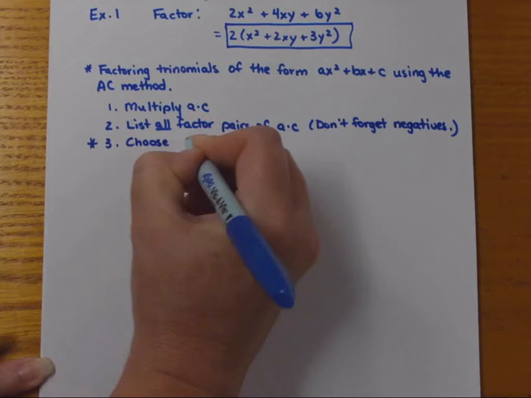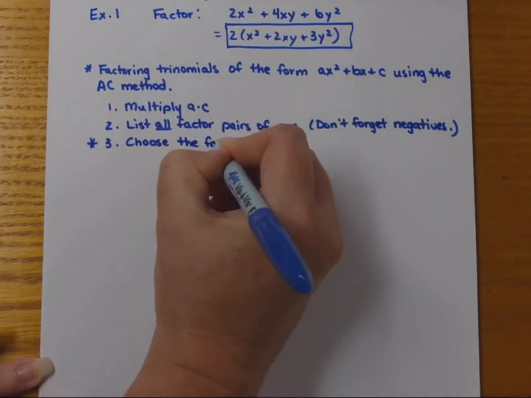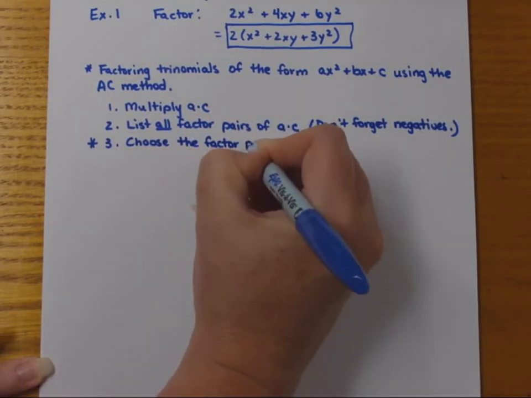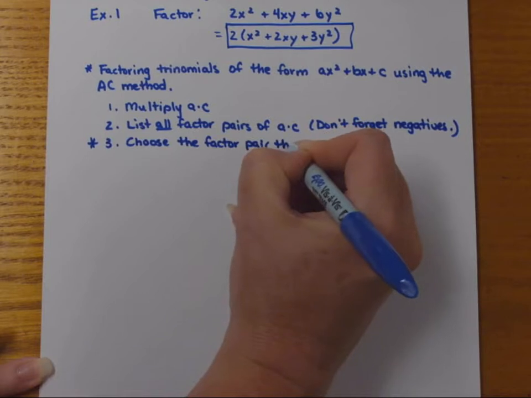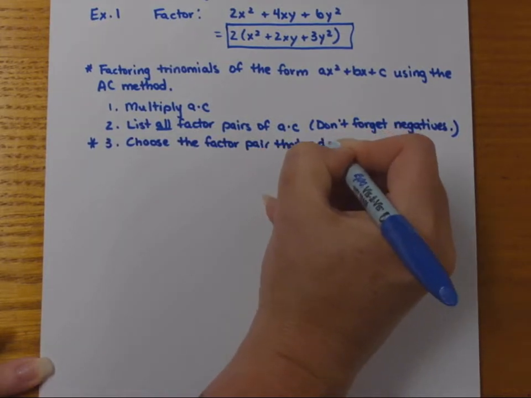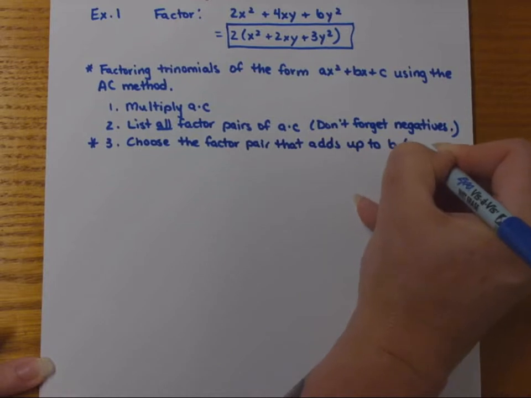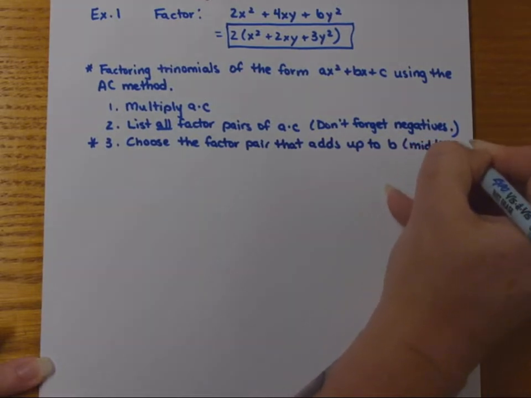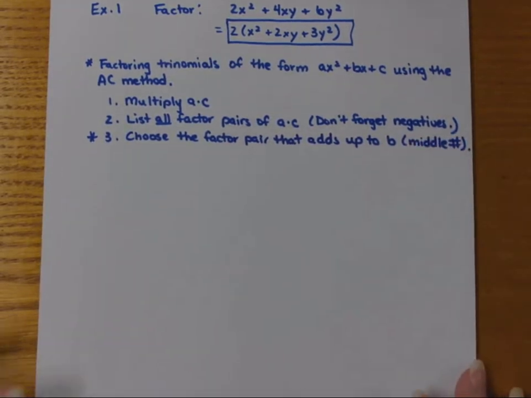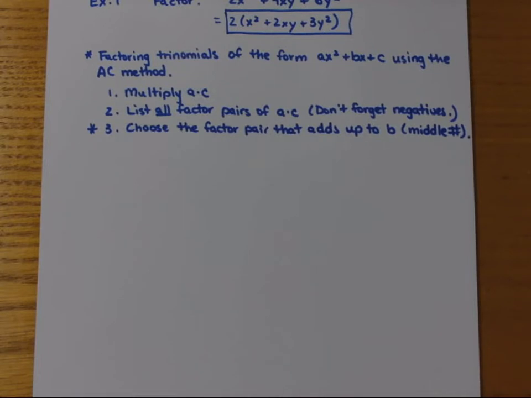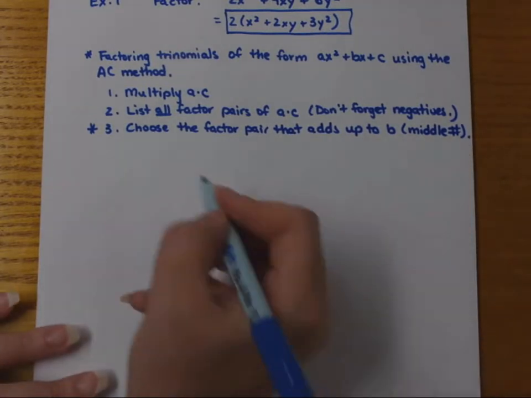So next you're going to choose the factor pair that adds up to b, or the middle term. Okay, the middle number, that's what this symbol means in math.